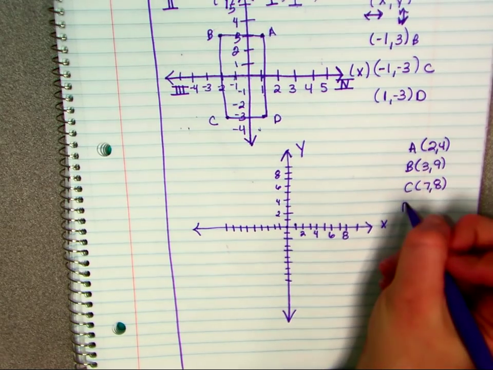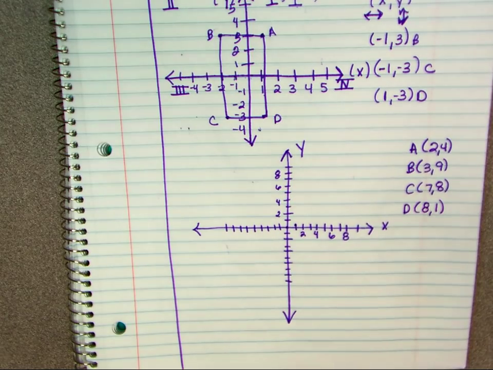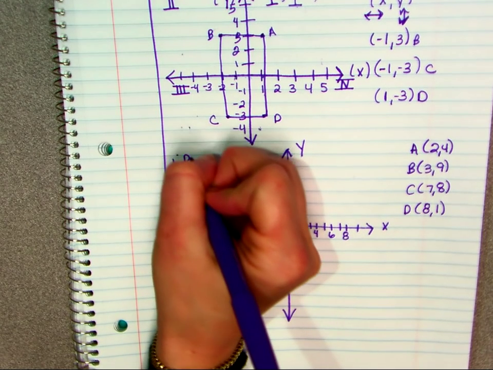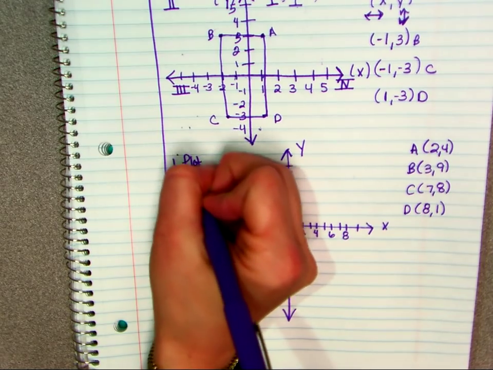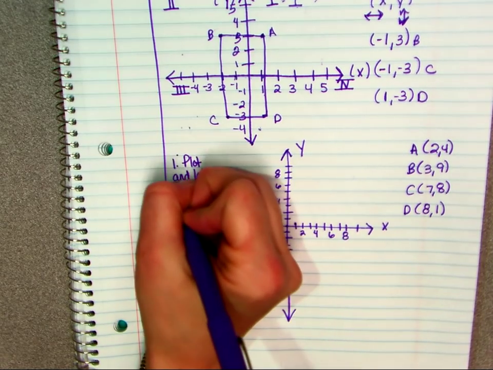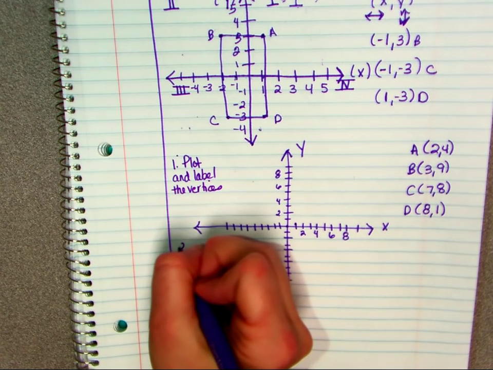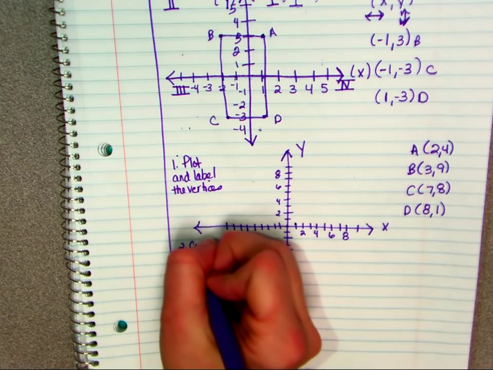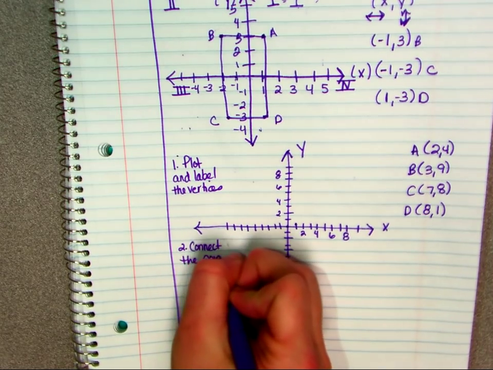D is going to be 8, 1. So you want to plot and label the vertices. Those are the points. And 2, connect the points to make a quadrilateral.